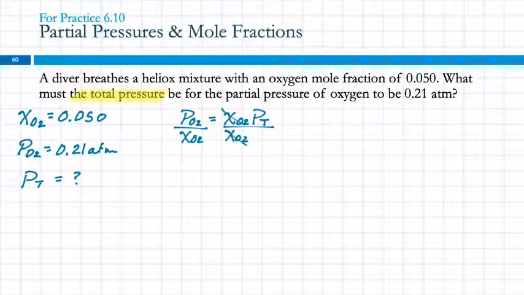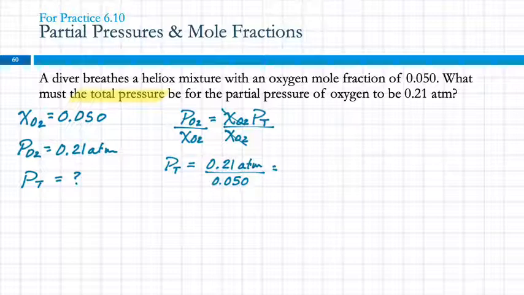So those cancel out. The total pressure is going to equal the desired partial pressure, 0.21 atmospheres, divided by the mole fraction. 4.2.